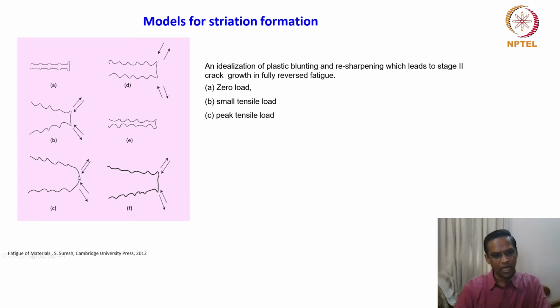So crack blunting occurs, and then in D, the onset of load reversal. The crack opening displacement comes down, and the blunt surface again becomes two sharp edges because of the reversal loading. And this is peak tensile, and this is peak compression.